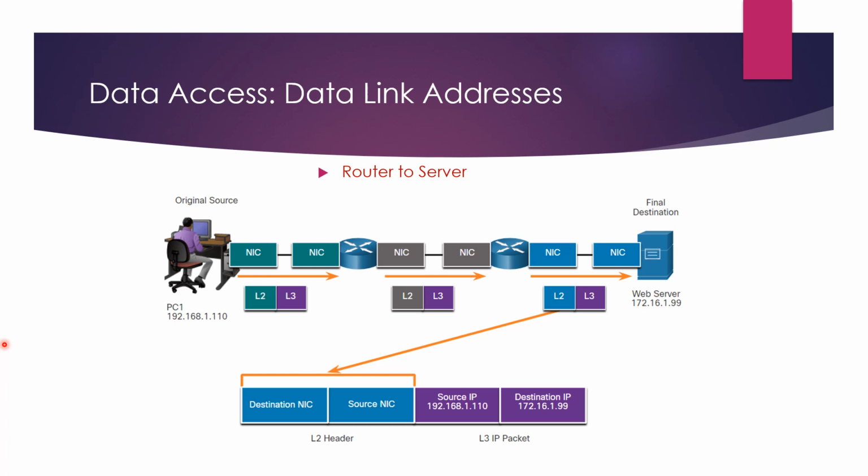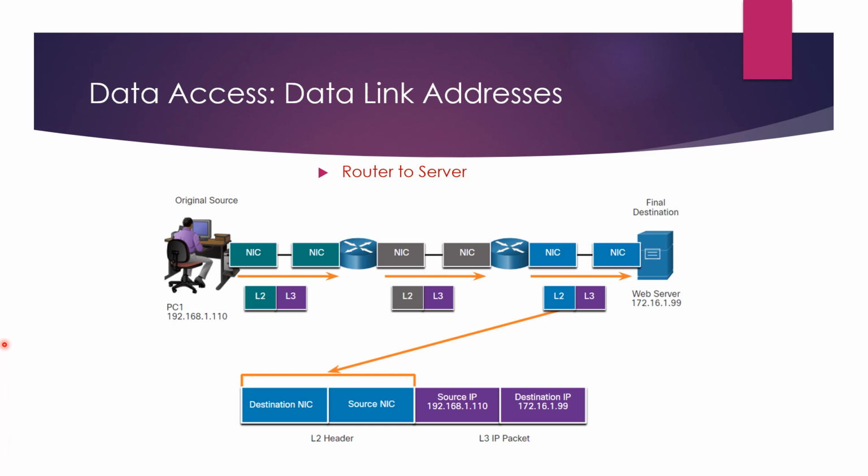We saw that the header of the IP packet was the same, so the source IP address and the destination IP address didn't change at all, but each new data link frame, as the packet was traveling, had a different header, with the source data link address of the network interface card sending the frame and the destination data link address of the network interface card receiving that frame.